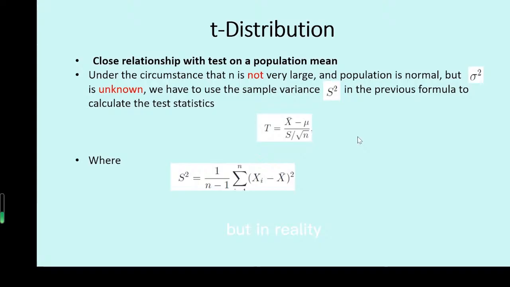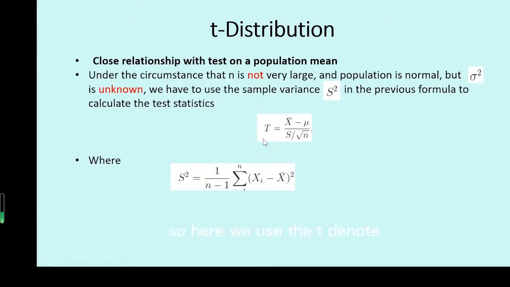But in reality, it is not so perfect with the sample size under the central limit theorem, right? So under the circumstance that n is not very large, say less than 30, and the population is normal but sigma squared is unknown, we have to use the sample variance s squared in the previous formula to calculate the test statistic.